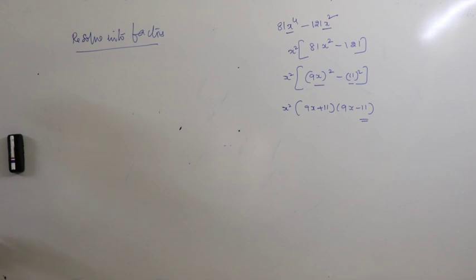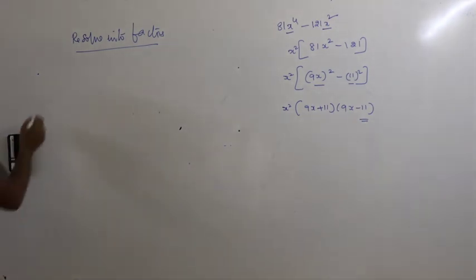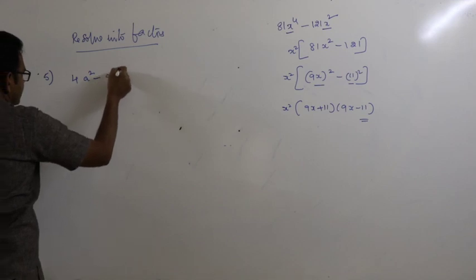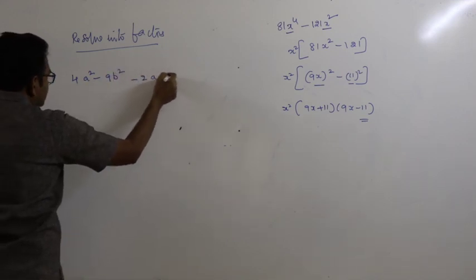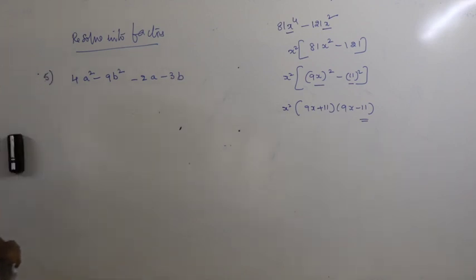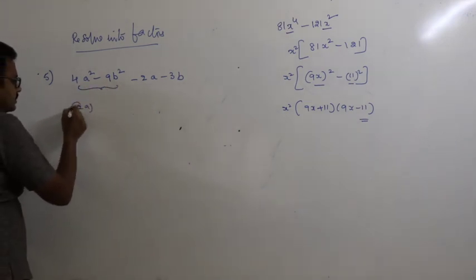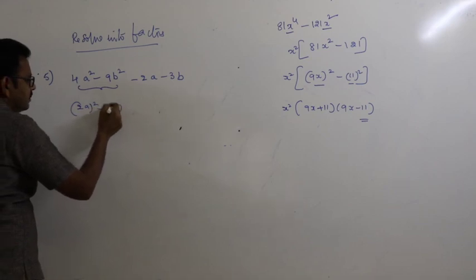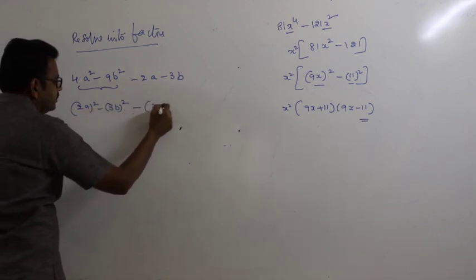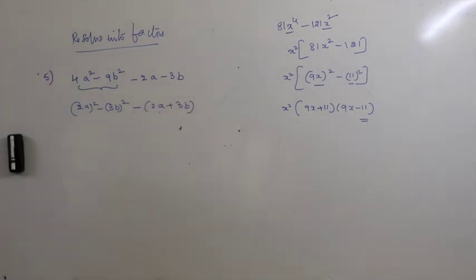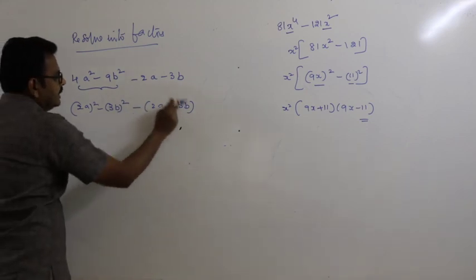Next one, 4a square minus 9b square minus 2a minus 3b. Resolve into factors. First these two, this is 2a whole square minus 3b whole square minus of 2a plus 3b. Minus is taken common, that is 2a. So this minus 2a minus 3b.